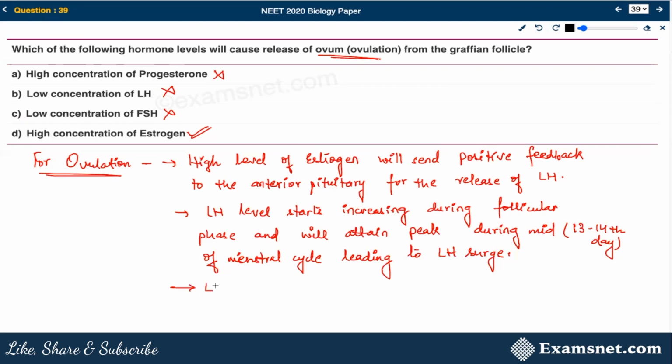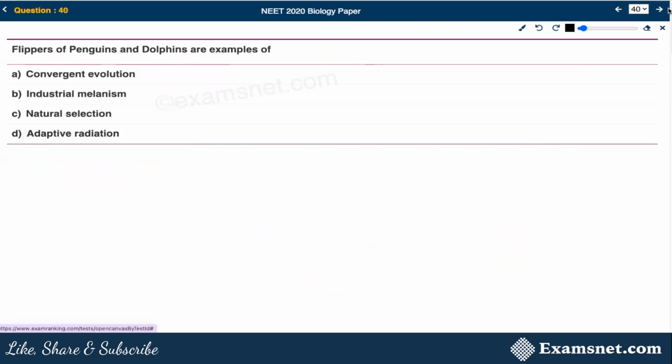So this ultimately leads to ovulation. All right. So the correct answer will be option D. This is the explanation that you have seen.